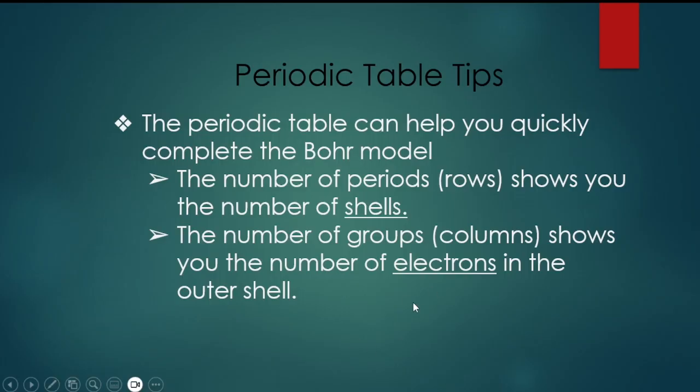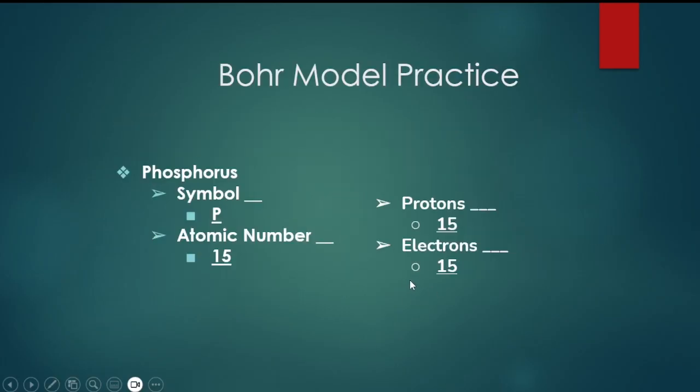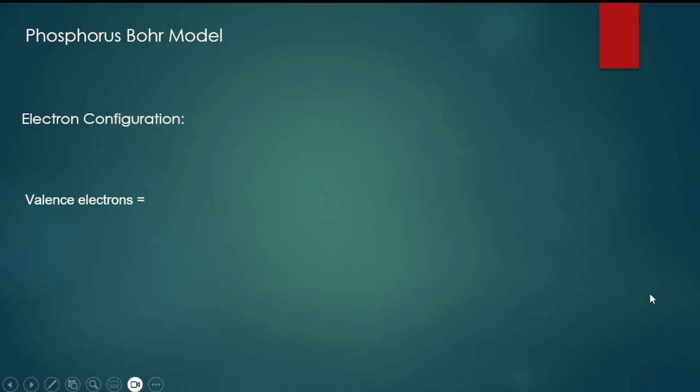So when we fill in our phosphorus here, we're going to have a P for the symbol, right? Atomic number is going to be 15, we just said, which means it has 15 protons and 15 electrons. When we're doing the Bohr model, we are not so worried about the neutrons, okay? Neutrons affect isotopes. In a Bohr model, we're really just focused on the electrons, okay? All right, so now I want you guys to write the electron configuration for phosphorus.